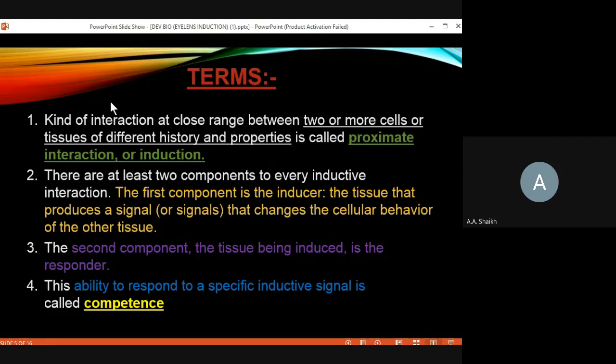The cells which can accept the signals from the inducers are the competent cells. They are competent to respond to certain things.